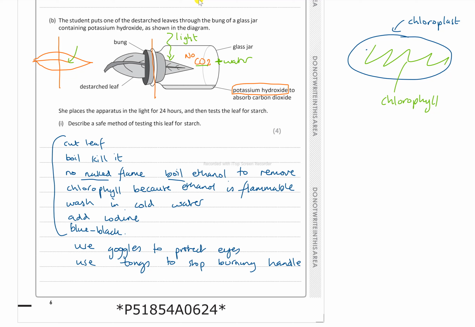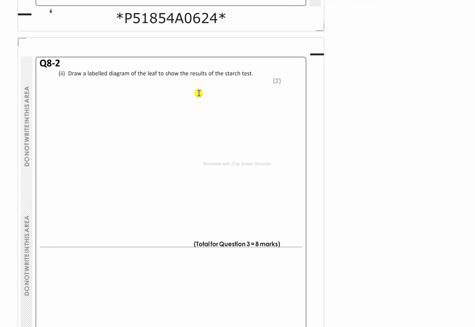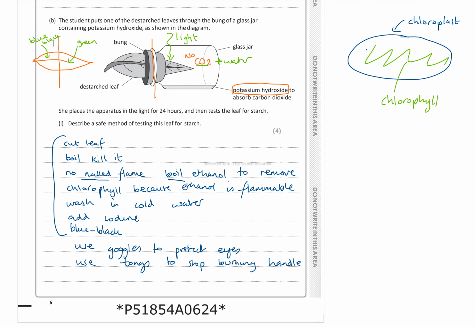So this will have no starch. When you put iodine on, it will remain green, and the outside will be blue black. Okay, so that was that one there.